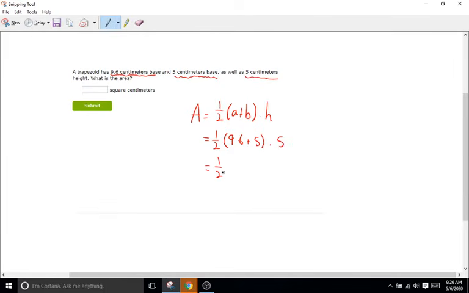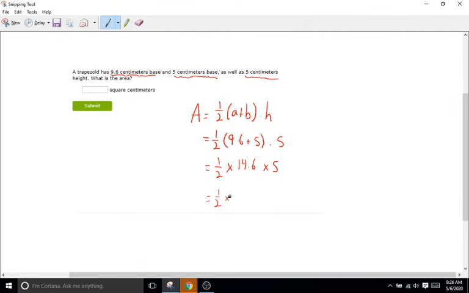So 1/2, 9.6 plus 5 is going to be 14.6, and then multiplied by 5. I'll do little crosses here so we don't get confused.